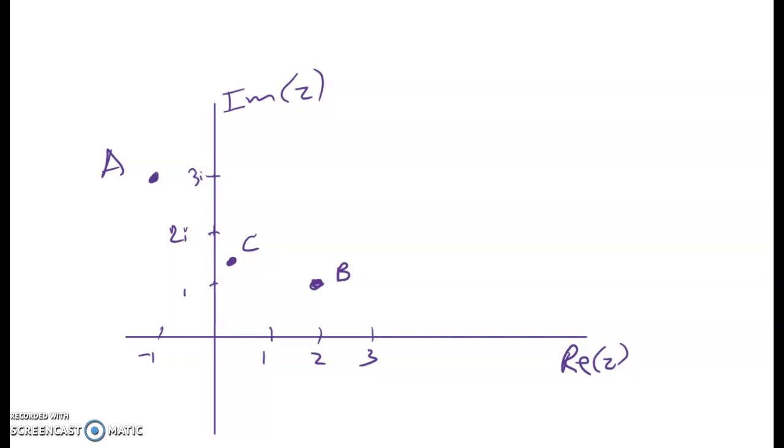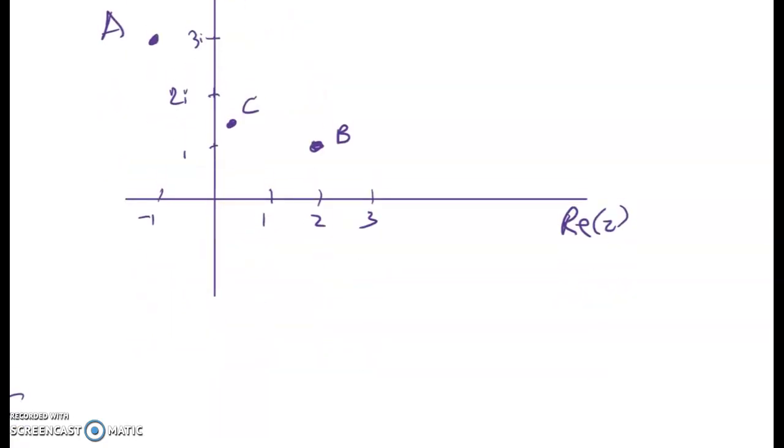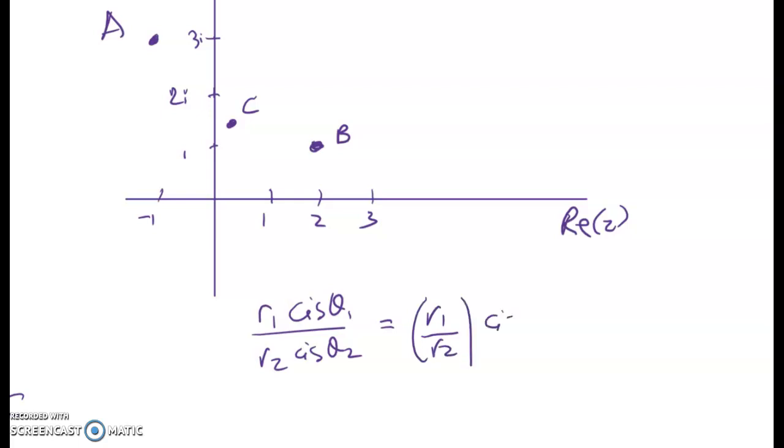And I think you might have forgotten that when we're working in polar form, we know that if we've got r1 cis theta 1 over r2 cis theta 2, that's just the same as this.